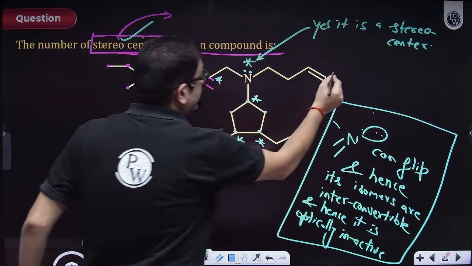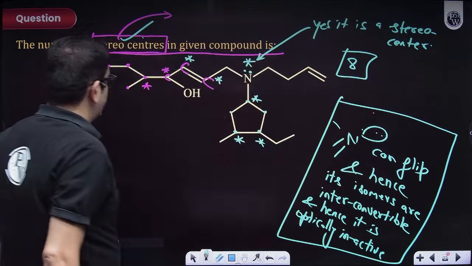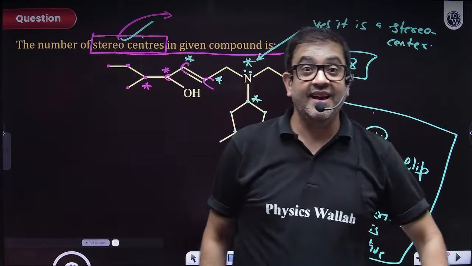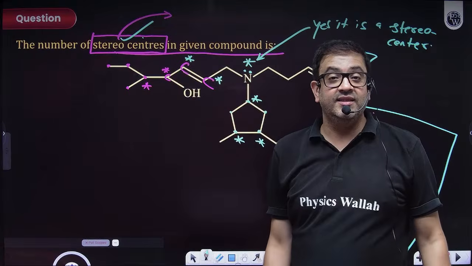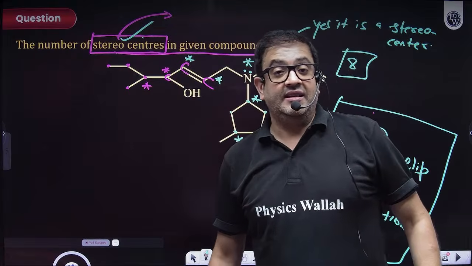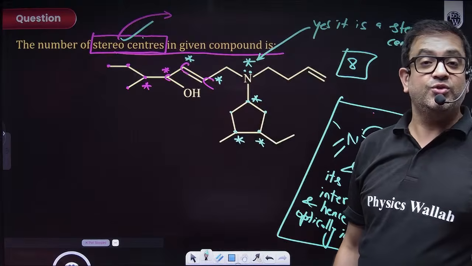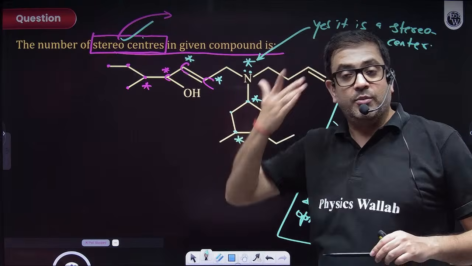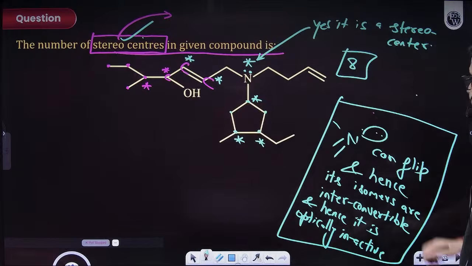So yes, the answer will be 8. Good, beta. 1, 2, 3, 4, 5, 6, 7, 8. I hope everybody is clear. Rishabh, I hope you are also clear, beta, because you wrote 6. Perfect. Great one, beta.